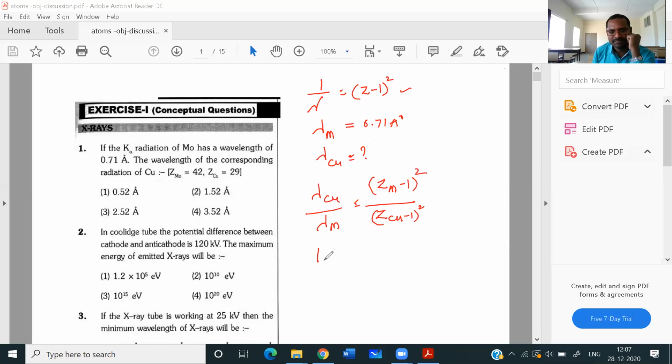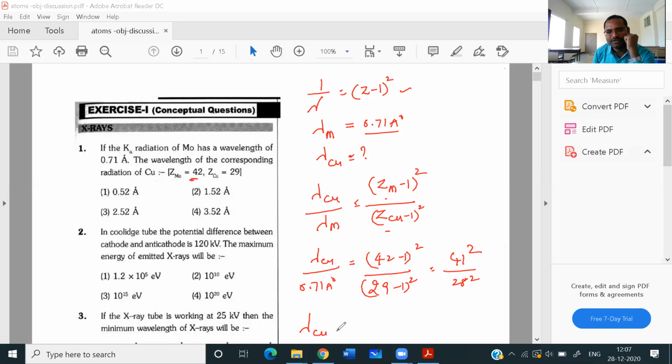So lambda of copper divided by 0.71 angstrom is equal to 42 minus 1 whole square upon 29 minus 1 whole square, so it is 41 square upon 28 square. So the K alpha line of copper comes out to be 41 square by 28 square into 0.71 angstrom. Do this calculation and you will get 1.52 angstrom. So option 2 is the right answer.